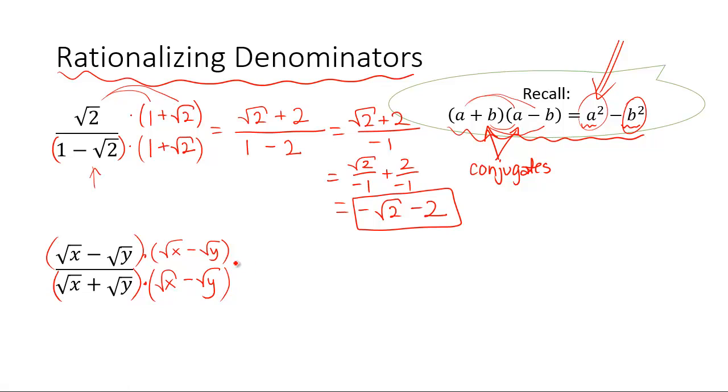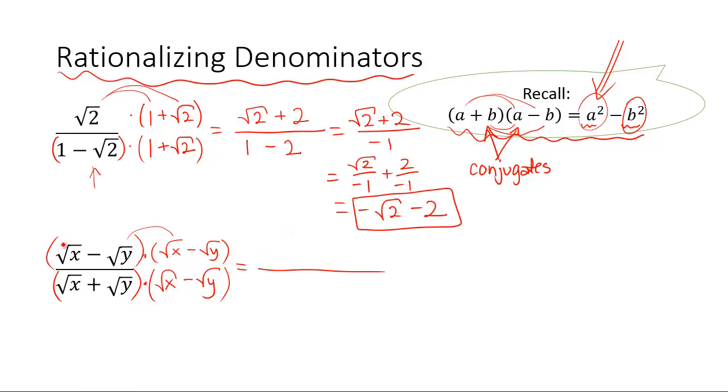So when you expand this, you will notice that because this is root x minus root y times root x minus root y, it's actually root x minus root y squared. So you can multiply it out, FOIL it out, but you will notice the middle term doubles. And the middle term comes from the middle term.